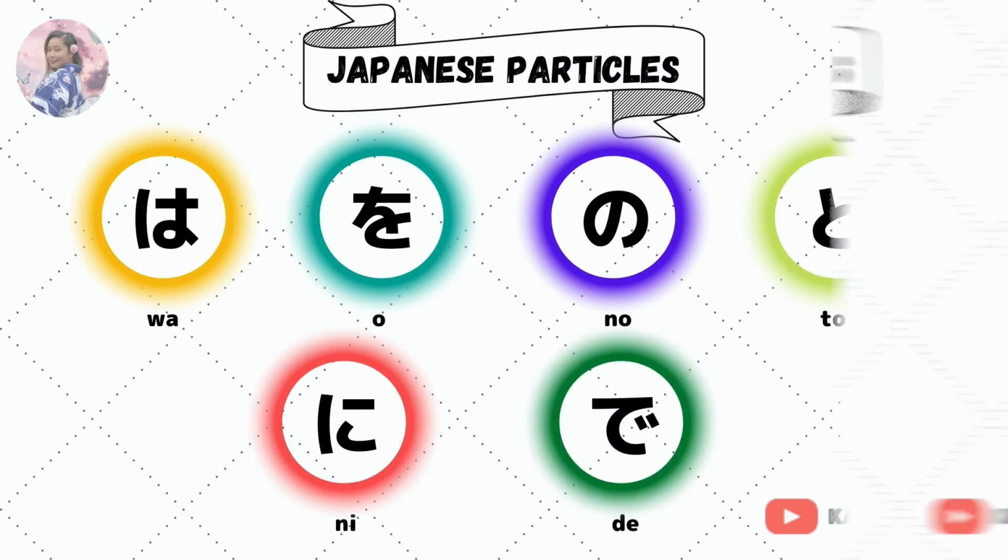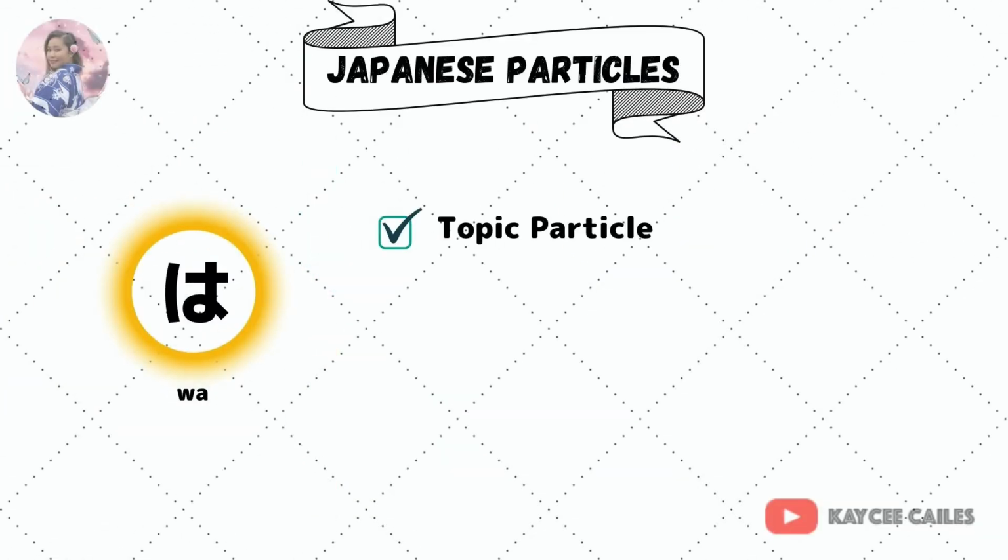Let's start first with wa. Wa is a topic particle which always comes after the topic of a sentence. It tells the listener what the sentence is all about. Wa is also a contrast marker which shows contrast between two ideas. We will have examples for wa as a contrast marker to give a clearer idea on this function.